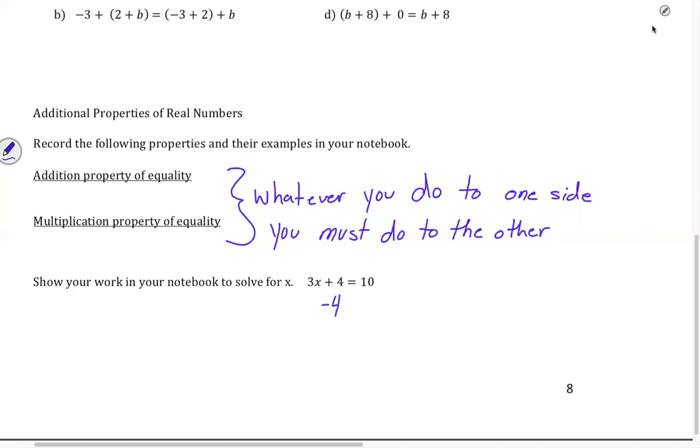I'm adding a -4 to both sides. But we know that is subtraction. So we have 3x equals 6. Now what do we do? Divide by 3. And we're going to multiply by the inverse. We're using the multiplicative inverse. And that's where we get x equals 2.